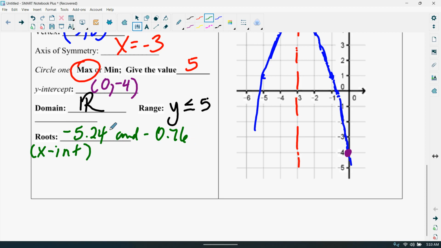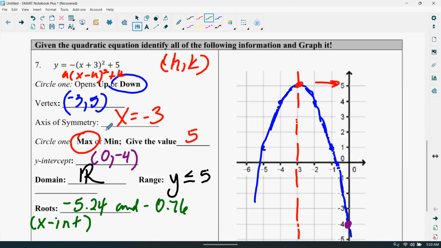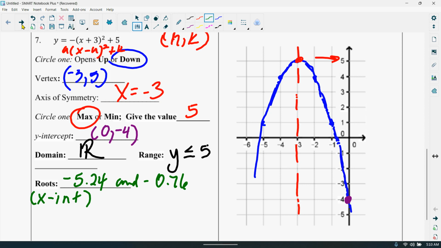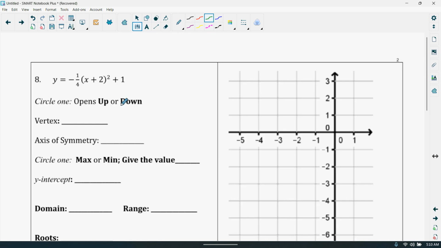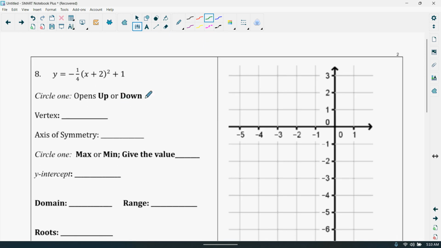Okay. Now, we have another example here, and I'm just going to get to my answers using the vertex form. Just remember, we have parentheses x minus h, close the parentheses, squared, plus k. A couple of things: I know this is going to open down because there's a negative sign right here.